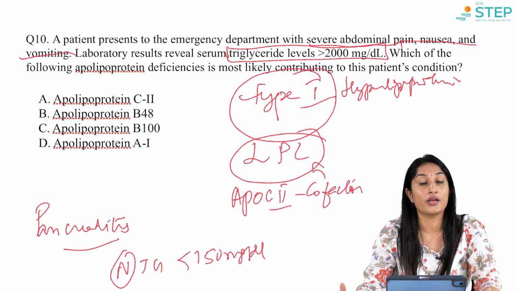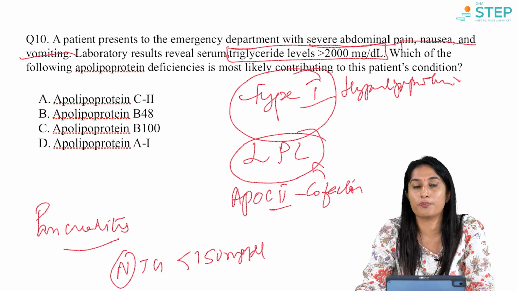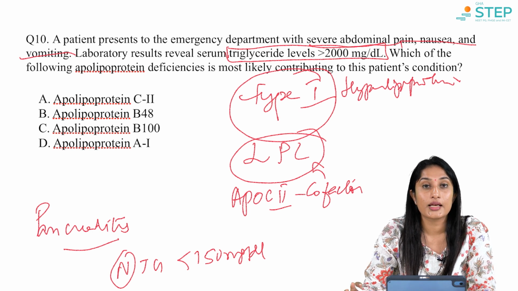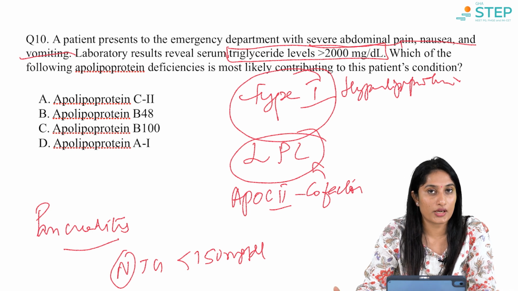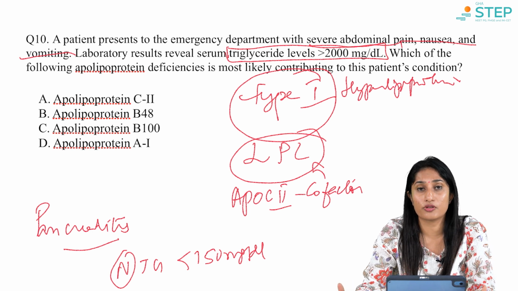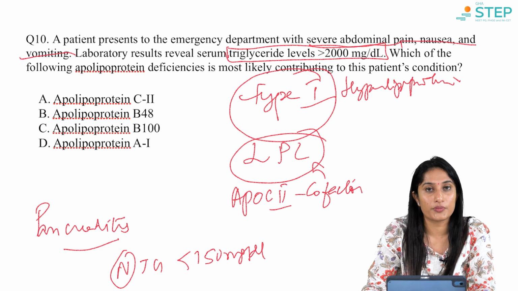And how do we know it? Massive triglyceride production, more than 2000. So, when we see the plasma or the serum of the person, it will be absolutely creamy or white. So, with the naked eye also we can check this by seeing the plasma of the person, and in the eye there could be lipemia retinalis or there could be eruptive xanthomas. They all club together and they form type 1 hyperlipoproteinemia.